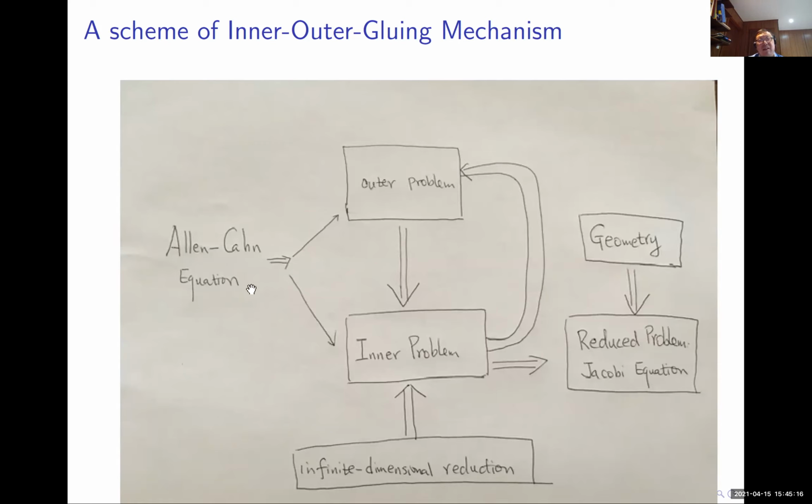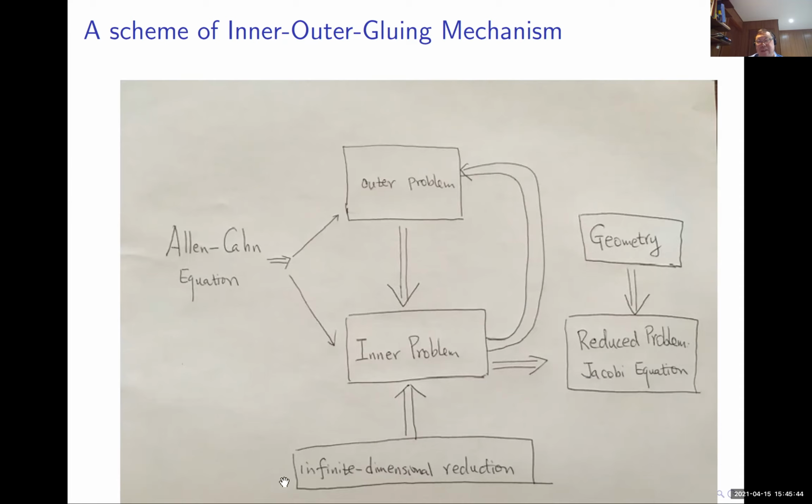So we take the linearization equation, and we divide it into an inner problem and an outer problem. We fix a solution to the inner problem, and we solve the outer problem first, and we plug the outer problem into the inner problem, and so we just need to solve the inner problem.